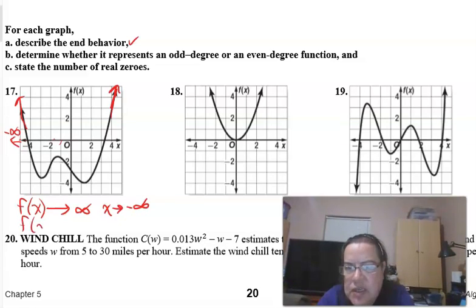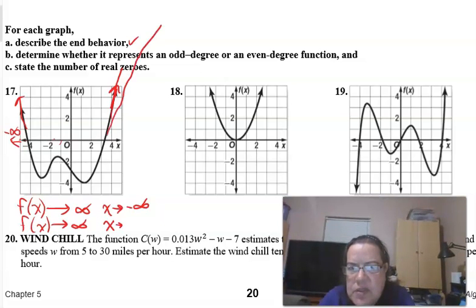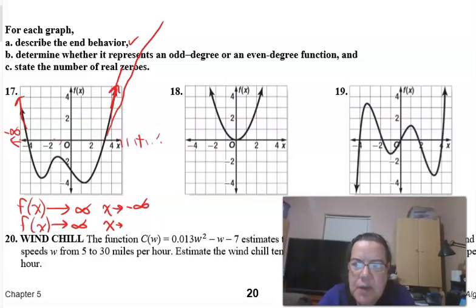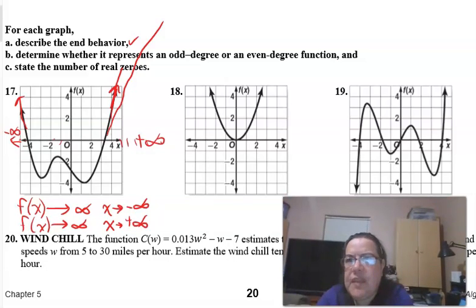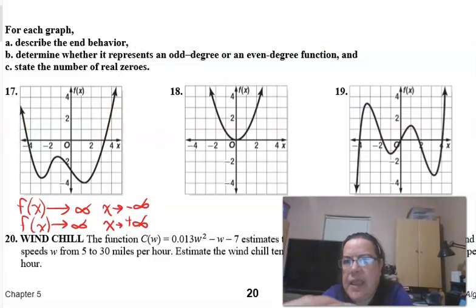Notice how the function is still growing to positive infinity, right? Because it's just continuing to go up. Then what is x doing? If you notice, it's coming this way, this way, this way, 4, 5, 6, so this side is positive infinity. x is approaching positive infinity. So that will be the answer for part A.